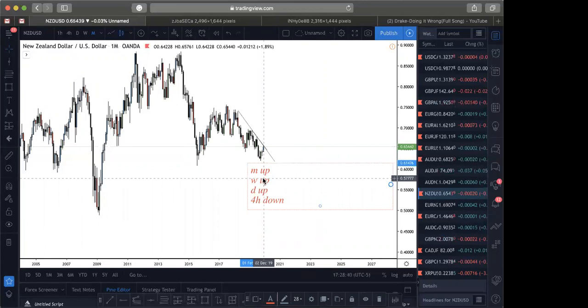However, that trade will be very low probability because all the other time frames are going the other direction. To find the best probability trades, most time frames need to be aligned, right? The more time frames that are aligned in your direction, the higher the probability of that trade working out, right?